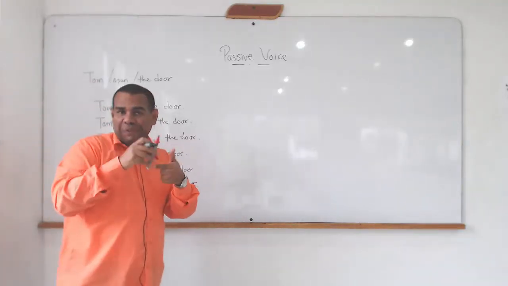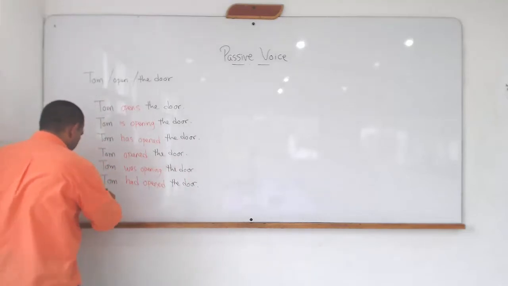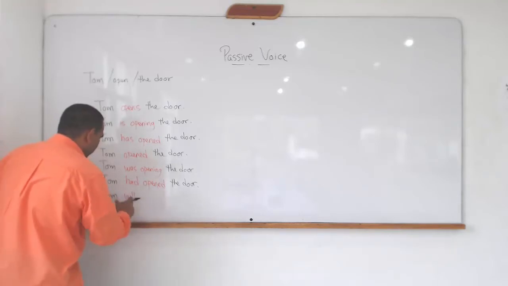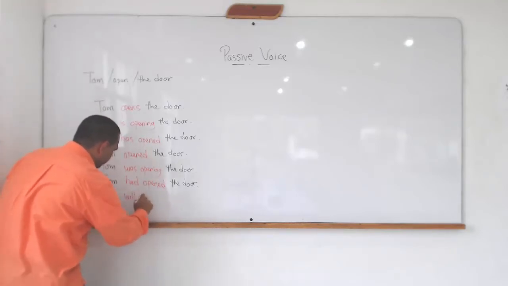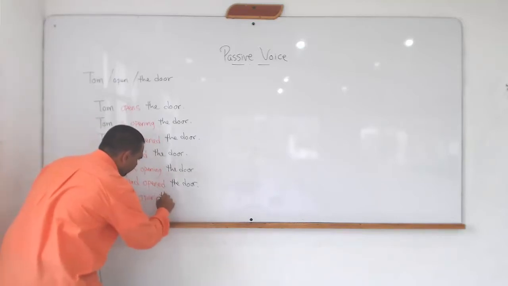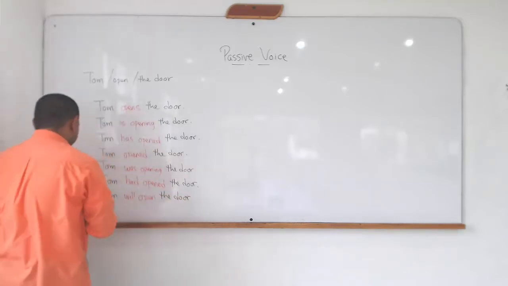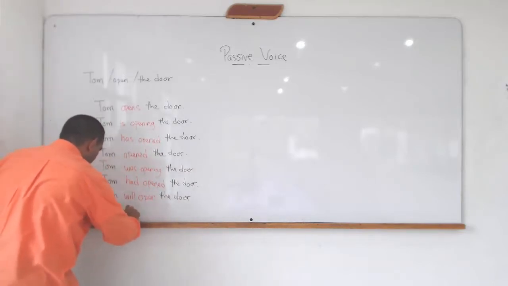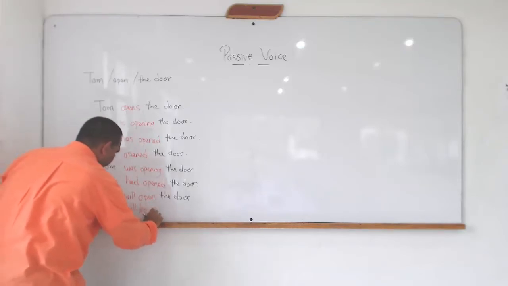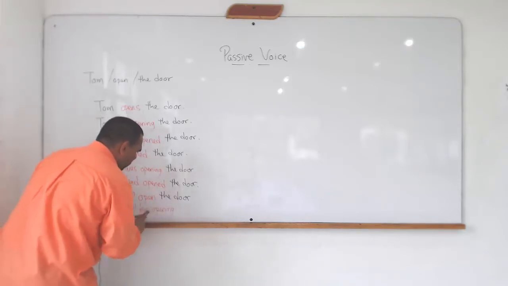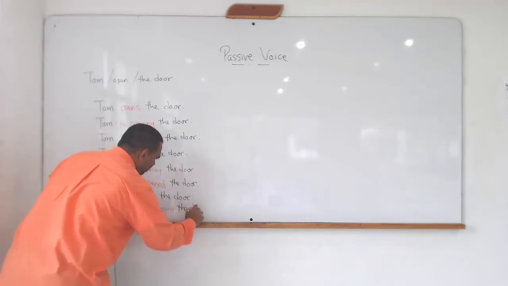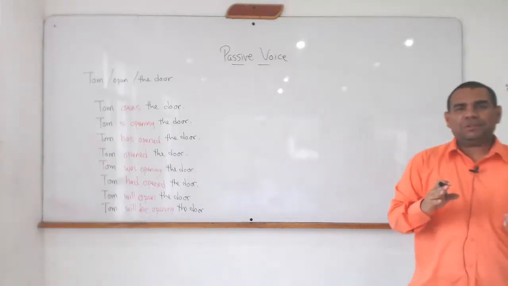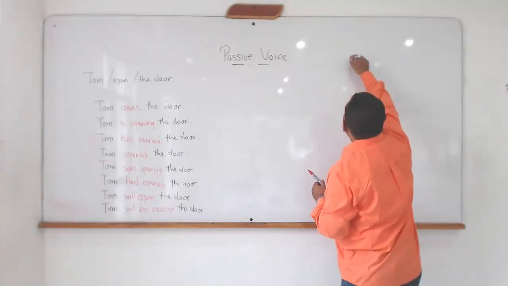Now let's continue with the future tenses. Tom will open the door. Tom will be opening the door. And I'm going to write over here the last one, the future perfect.